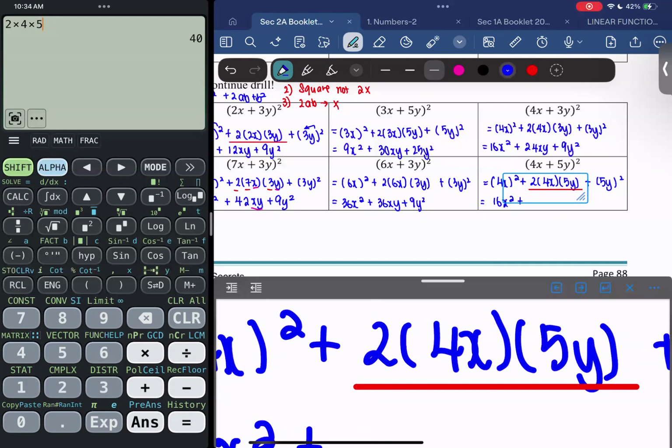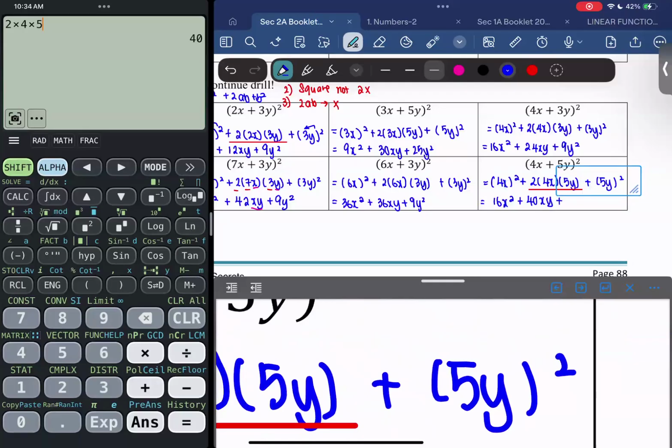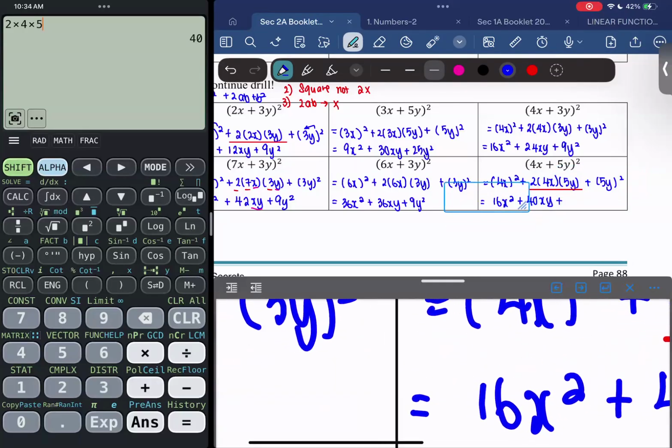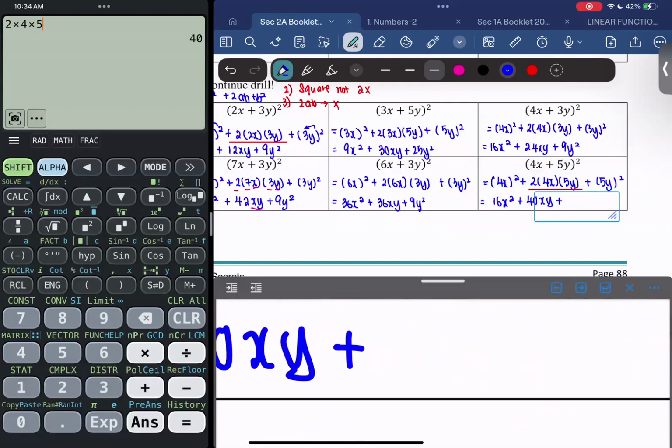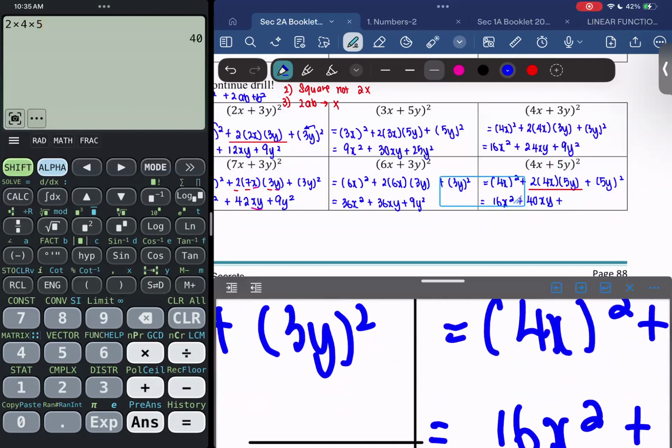So then this would be 40xy. And what about this one? 5y squared. It's similar to how you do this one. It's very similar to the first part here.